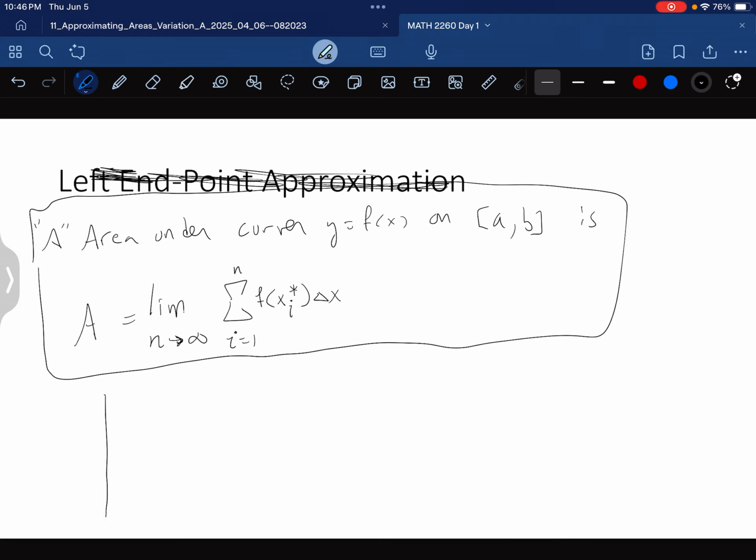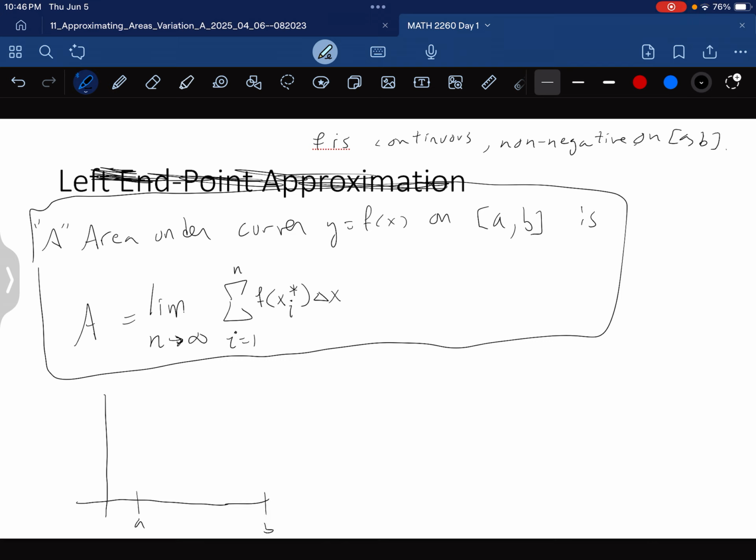Let me draw a little picture to illustrate what in the world we're talking about. And let's also make it clear that f is continuous and non-negative for the moment on the interval [a, b], because that's all we really care about at the moment.